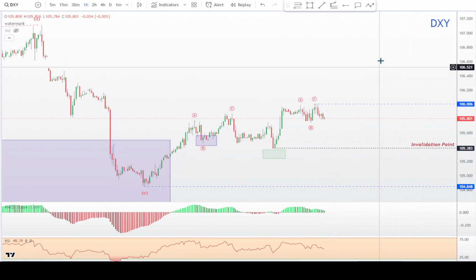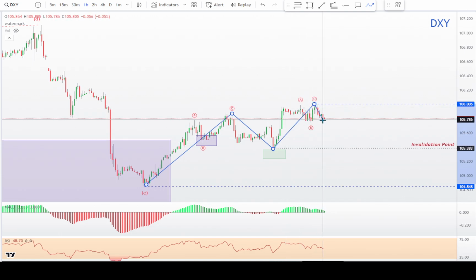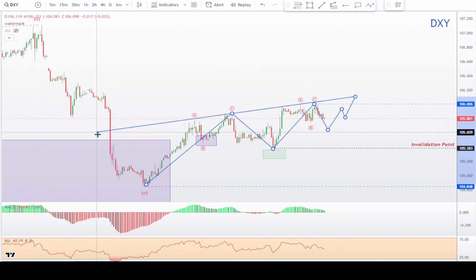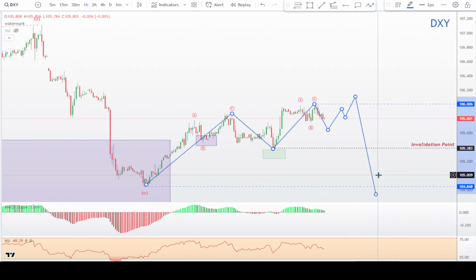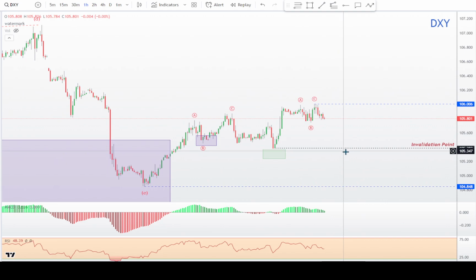Now, I got it labeled ABC, but that could be a W, and then X, and this is Y. And if they give a little correction here, and they've already started to pull back, but if it only comes down to here and then goes back up in 3 waves, breaks that 106 level, I think that's a WXYXZ, and then it's coming down, and then this will be the A, the B, and then this will come down for the C. But definitely if they break this 105.38 level, it's not going to go up.